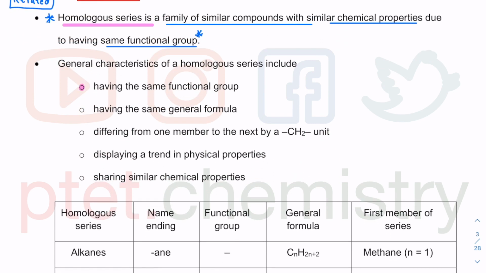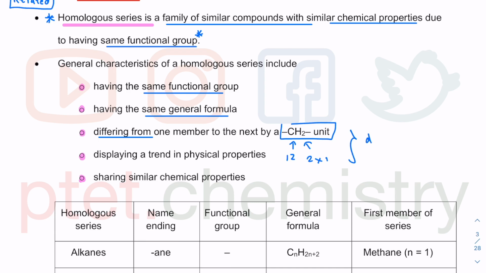They like to ask you what are some of the properties or characteristics if you have the same homologous series. You have same functional group, same general formula, and you only differ by CH2 unit. And if you differ by CH2 unit, you have 12, you have 2 times 1.